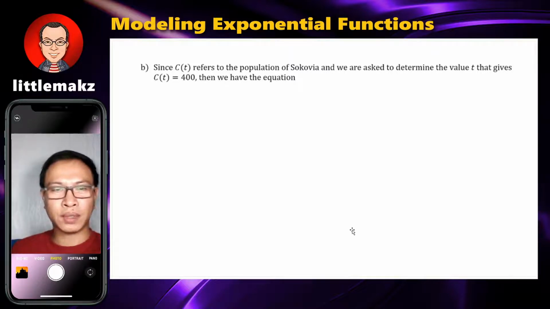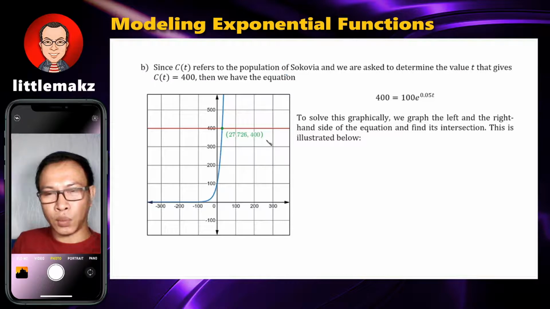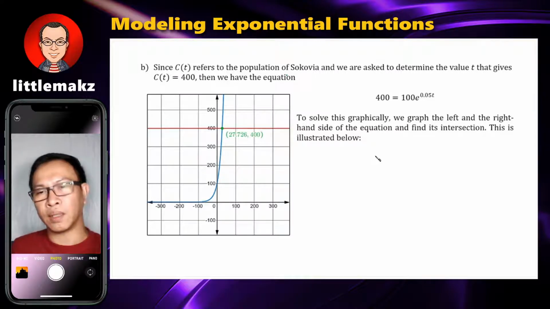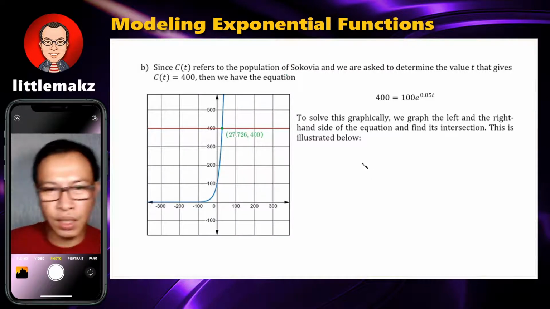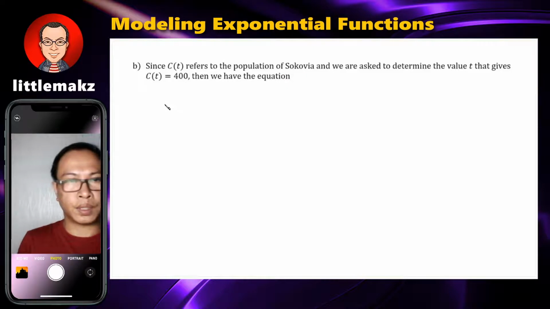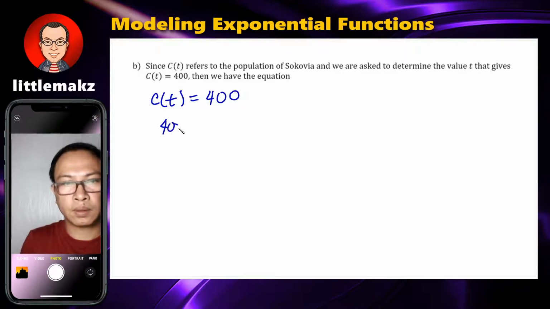Of course, we could make use of Desmos, maybe, with the equation 400 is equal to 100 times e raised to 0.05 times t. This could be done by the application of logarithms. Your C of t is given here as 400, then we simply equate this 400 to our given function.